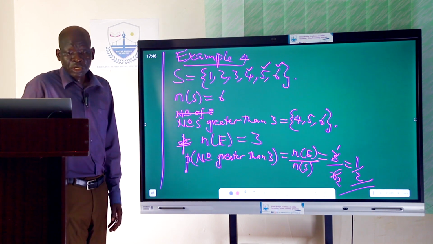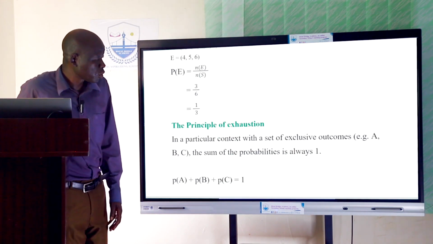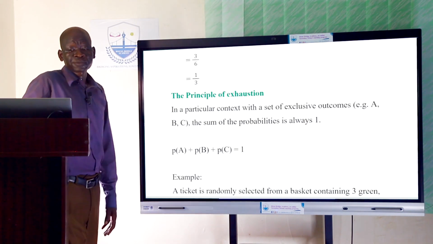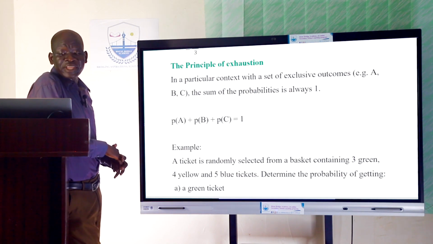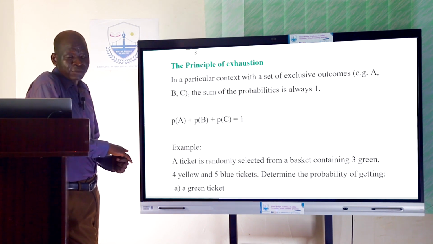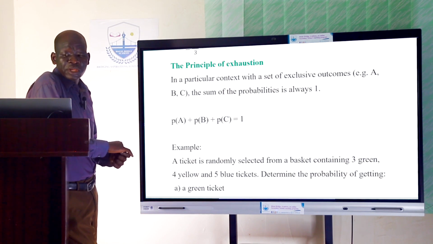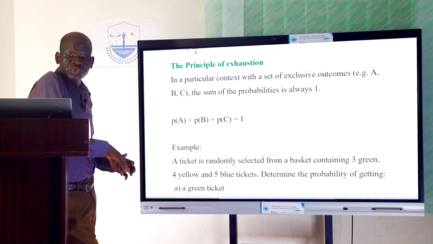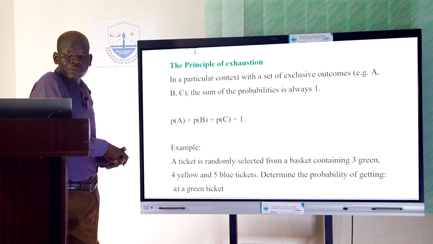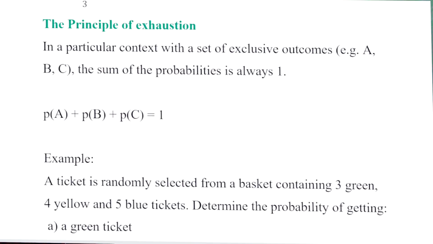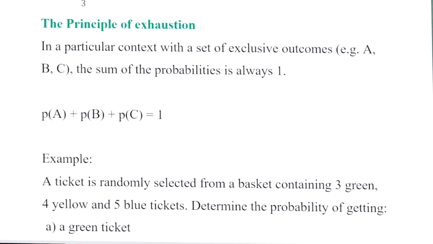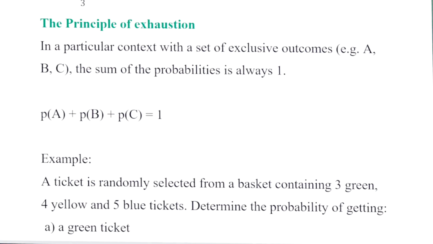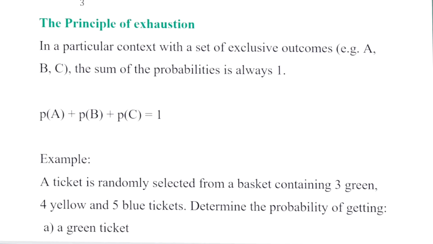So we can look at the principle of exhaustion. In a particular context, with a set of exclusive outcomes, e.g., A, B, C, the sum of probabilities is always equal to 1. Meaning that when you add all probabilities, we must always get what? 1.